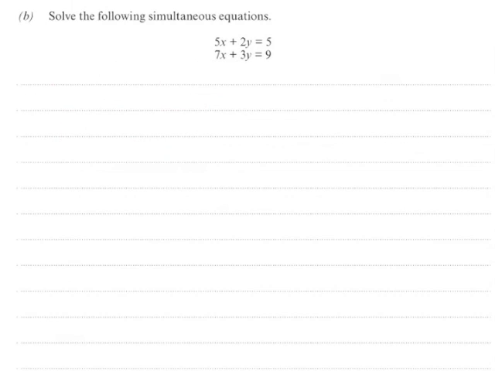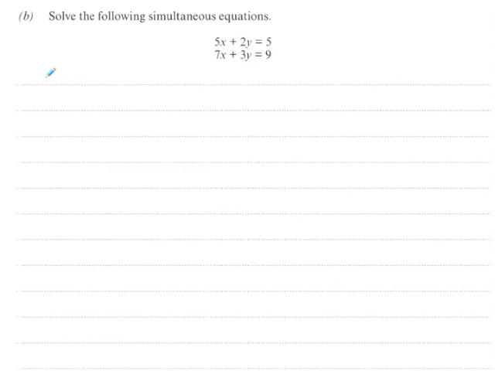So on to the second part of the question, and I'm going to show you two ways of doing this. I will show you my preferred method first, but you may actually prefer the second. Solve the following simultaneous equations.